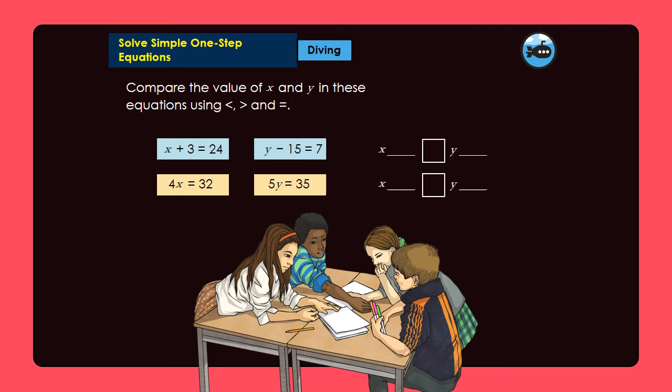Excellent. Now let's go through the answers. So for the first one, we can do 24, and instead of adding 3, we're going to subtract 3, which gives us 21. So x has a value of 21. Now for the second one, instead of doing minus 15, we're going to add 15. 7 plus 15 equals 22.